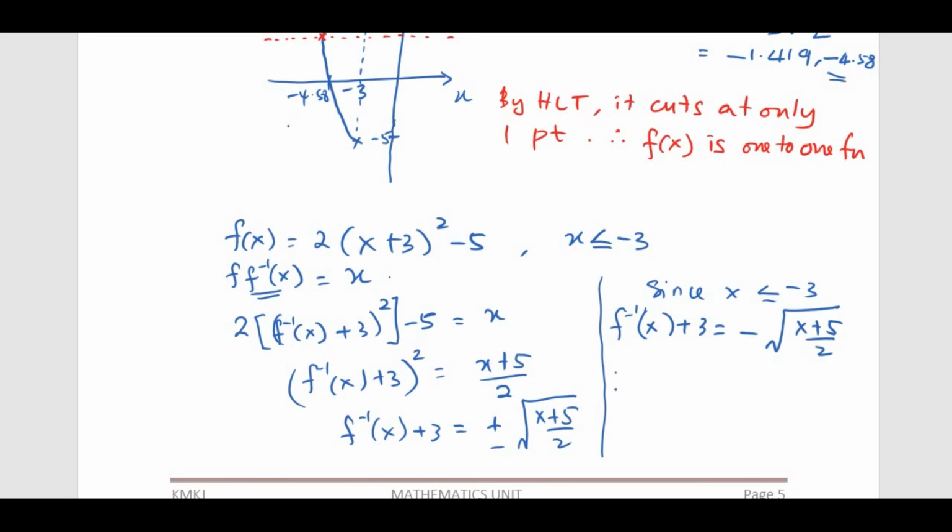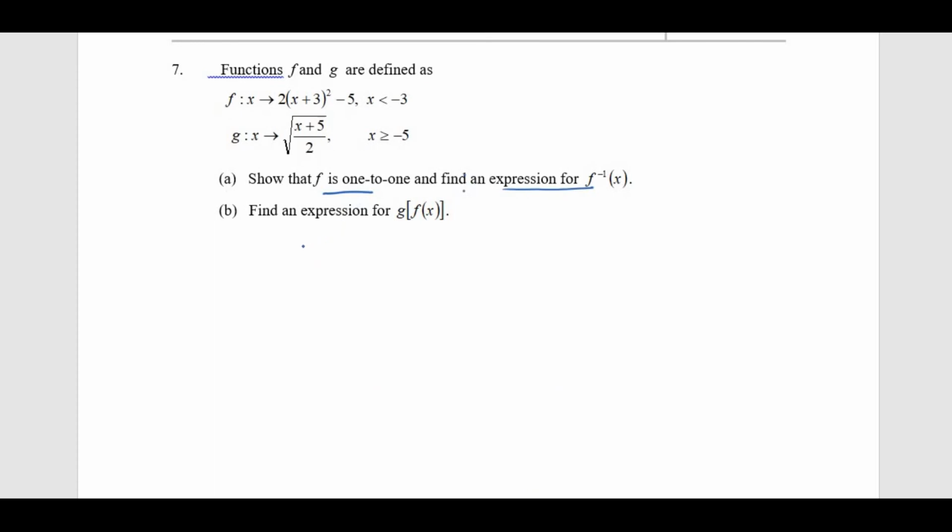So therefore f inverse of x is equal to negative 3, which comes from here, minus this one, the square root of (x plus 5) over 2. So this is the expression of the f inverse. So we are done with A, we have answered this one. Now let's look at B.